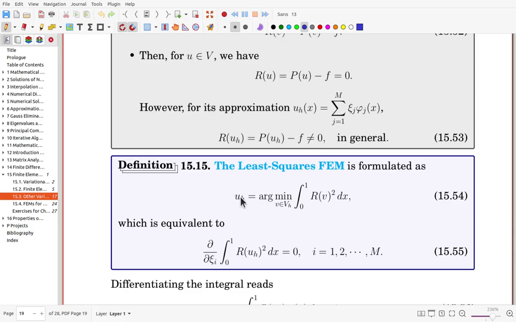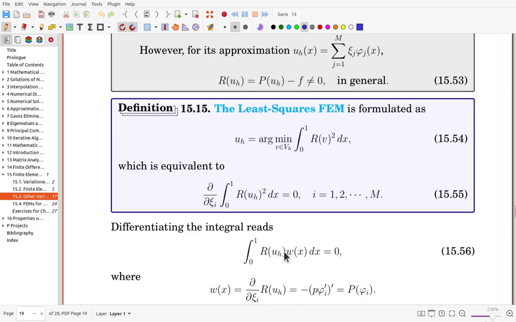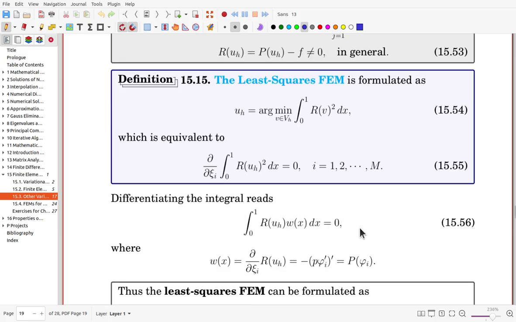Now, once U sub h is found, then the derivative with respect to the parameters, the unknowns, must be 0 from calculus. Okay, so once we try to differentiate the integral equation, then we reach at this one.